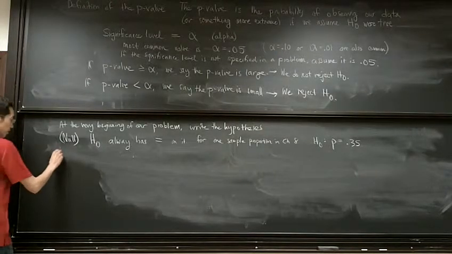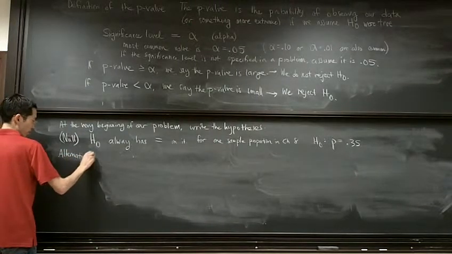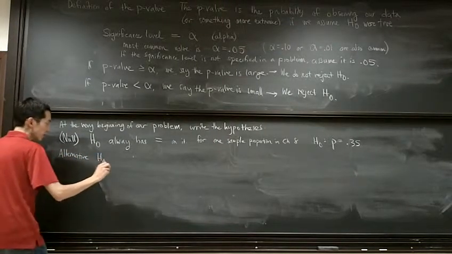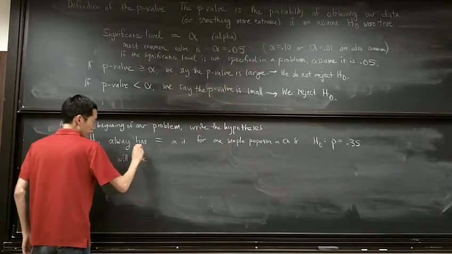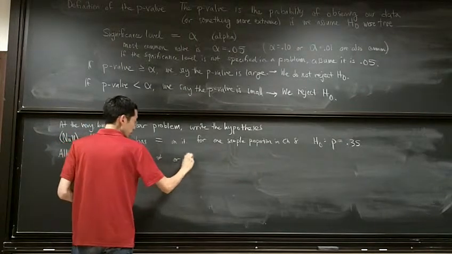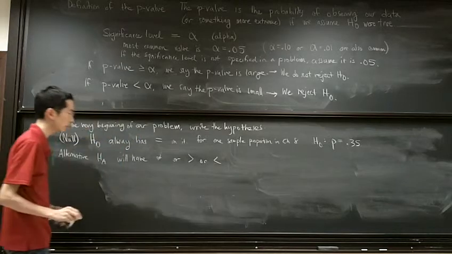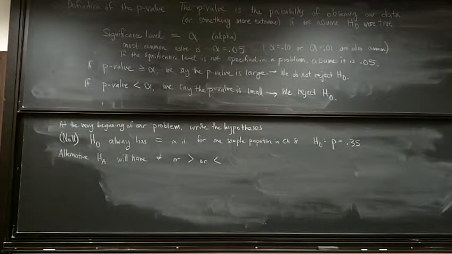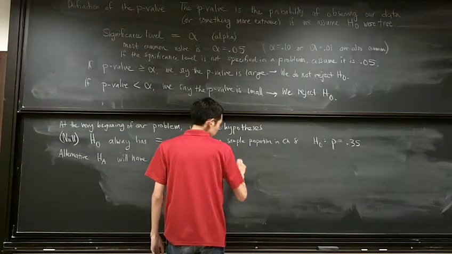The alternative, HA, will have not equal, or greater than, or less than. Your choice depends on how the question is written.